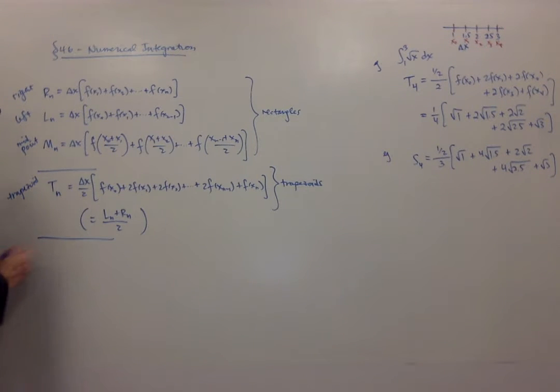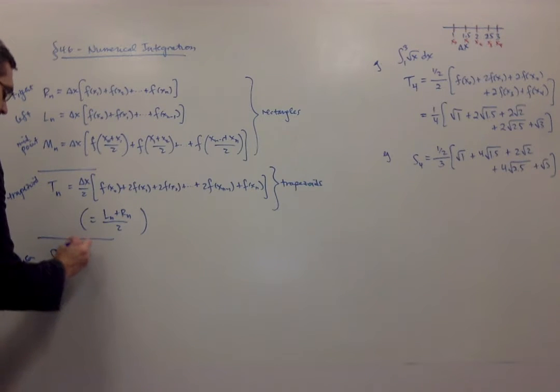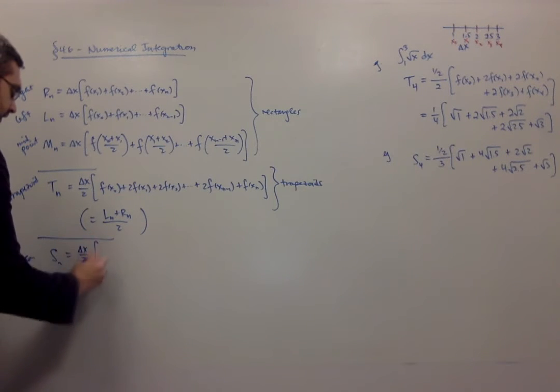And then the last one that we have is Simpson's rule. Simpson, so S of n. And that was the formula that I just gave you, delta x over 3.